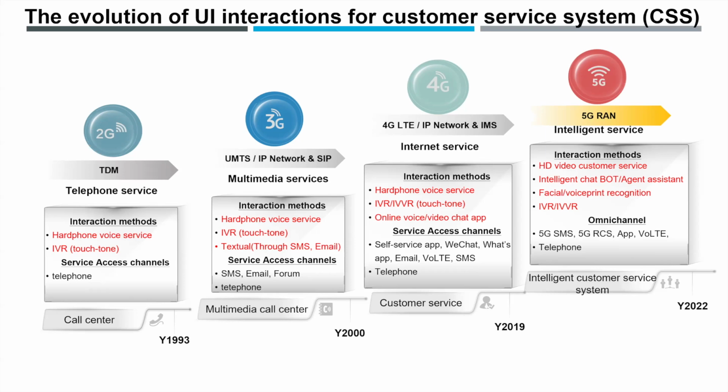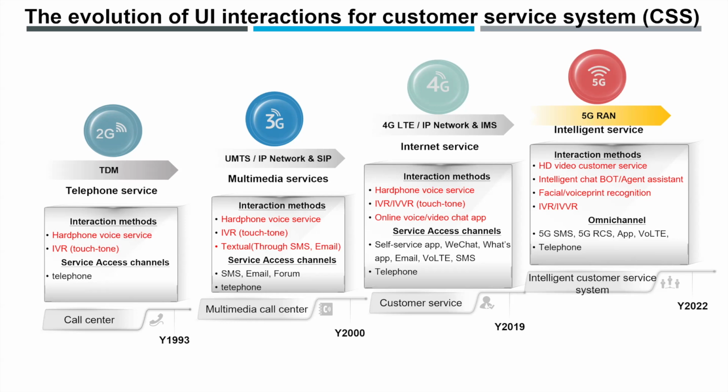Then when we go to 4G, the bandwidth is high, and we can have some apps we usually use on our mobile phones. So online video calls and voice calls from IM service apps are emerging at this time.